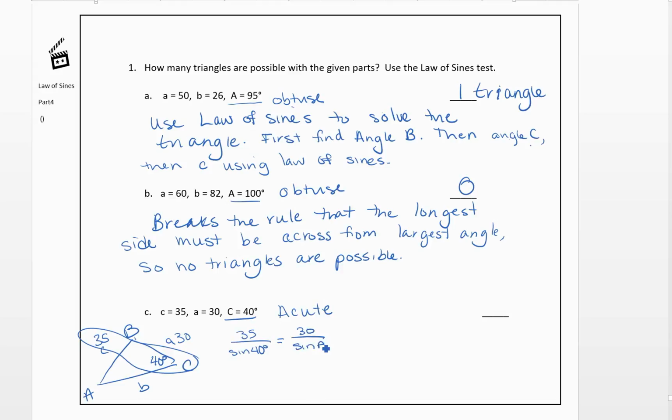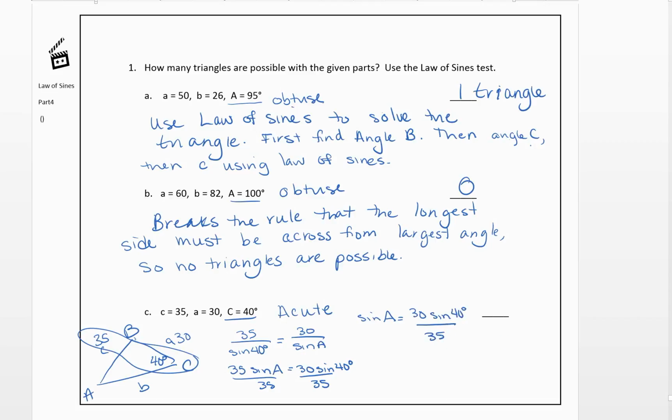I know in the directions we're using the letter B, but it doesn't matter. We can use A here. We're going to cross multiply and solve for sine of A. So we have 35 sine of A equals 30 sine of 40 degrees. Now we divide both sides by 35, so sine of A is equal to 30 sine of 40 degrees over 35.